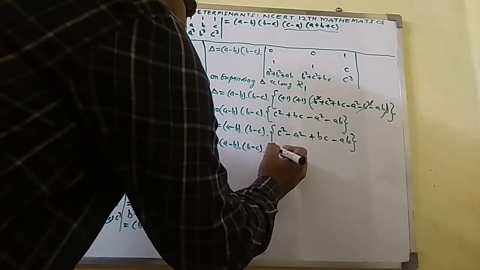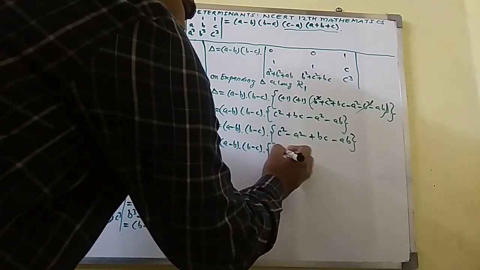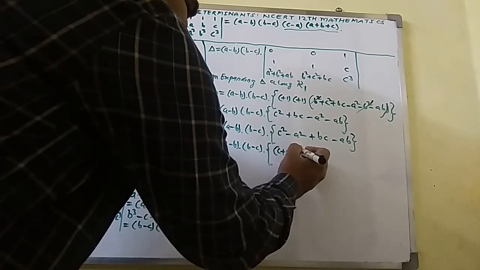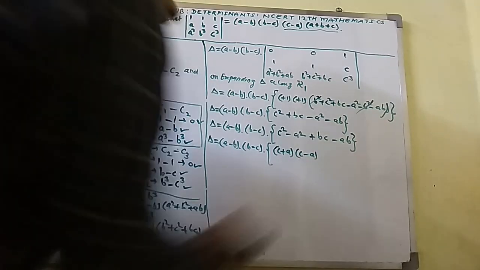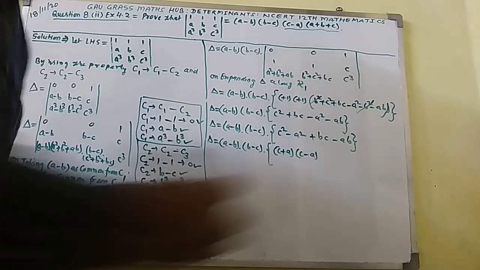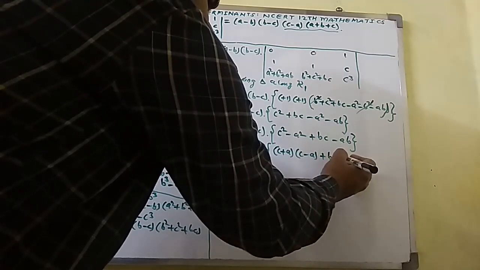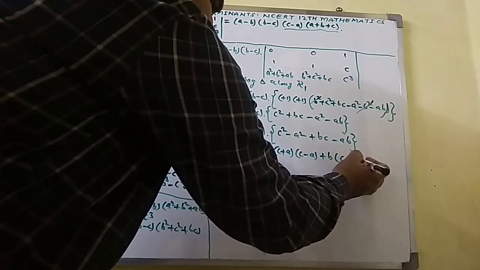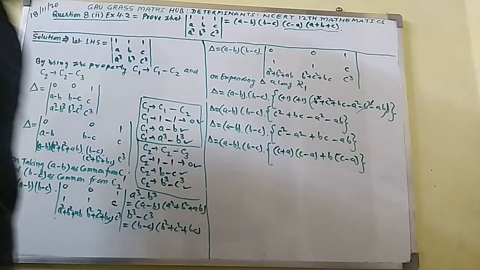So here you can write easily in one bracket c plus a, in another bracket you can write c minus a, and here if you take common as b, so here take common b, so in bracket you will get here c minus a. Closing of braces I say do here.